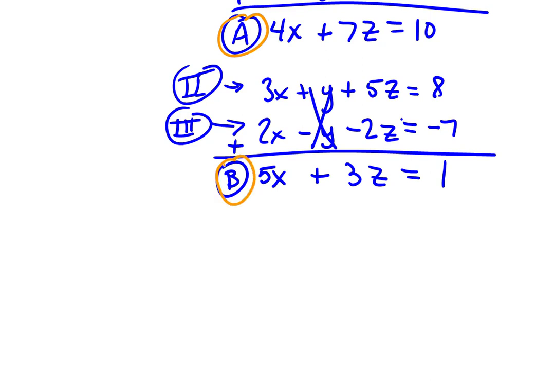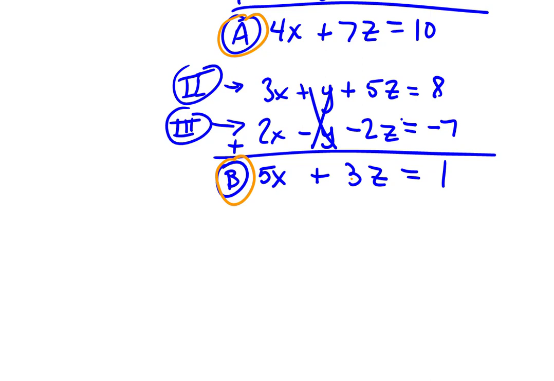They have coefficients for x and z. We need to eliminate either one of those variables. I just might pick to eliminate x's given those coefficients of 4 and 5. That's just a choice. There's really no wrong answer. You could pick to eliminate z's as well.